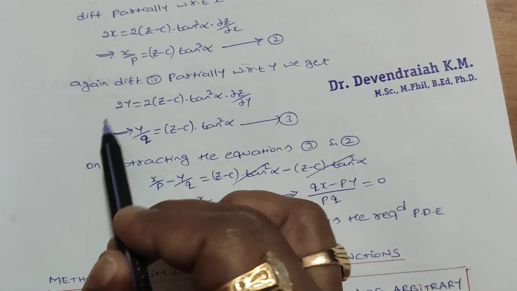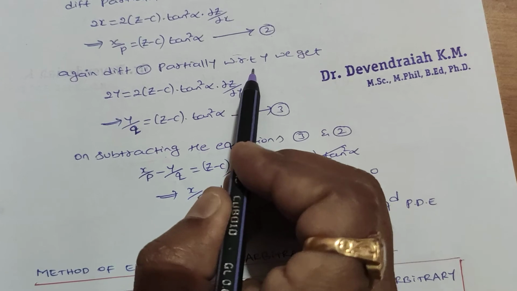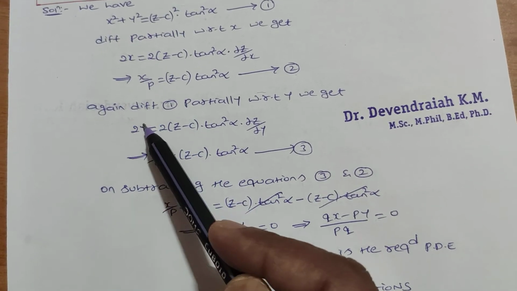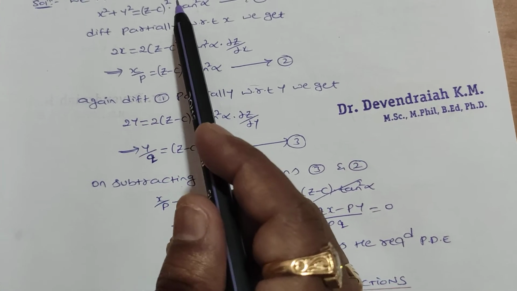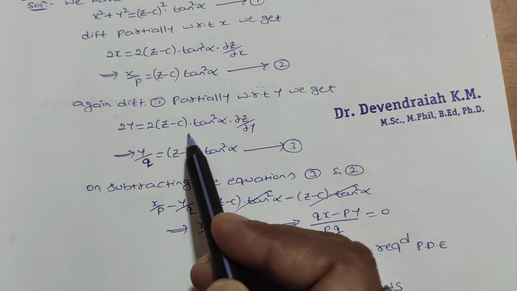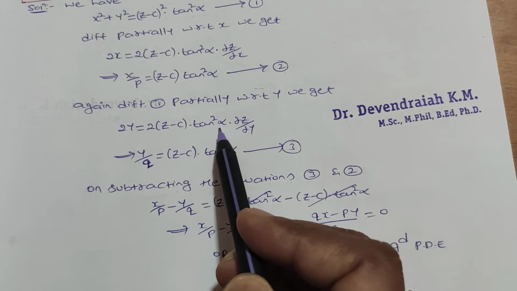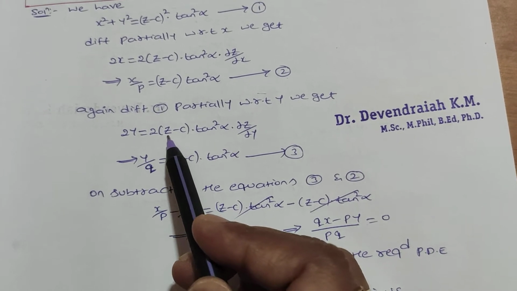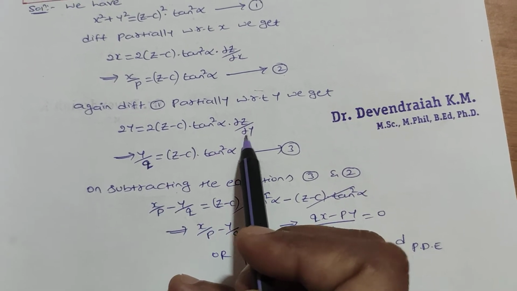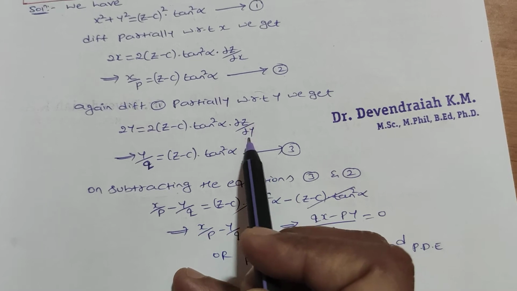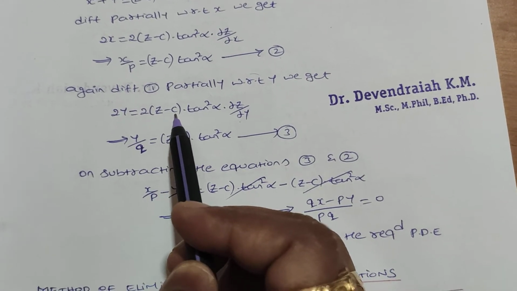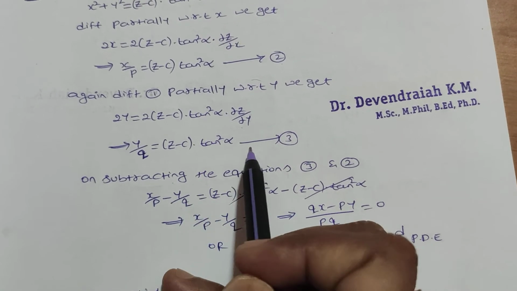Similarly, on differentiating equation 1 partially with respect to y, we observe 2y = 2(z − c) tan² α ∂z/∂y, where tan² α is a constant term. The partial derivative of z with respect to y is q, therefore y = q(z − c) tan² α.